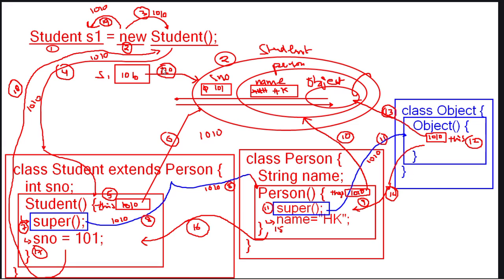Expand. Super keyword has two forms. Number one, super parenthesis semicolon.